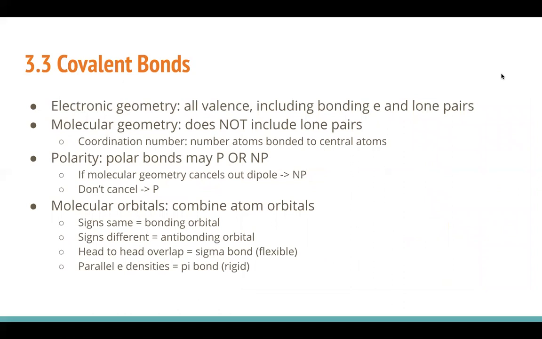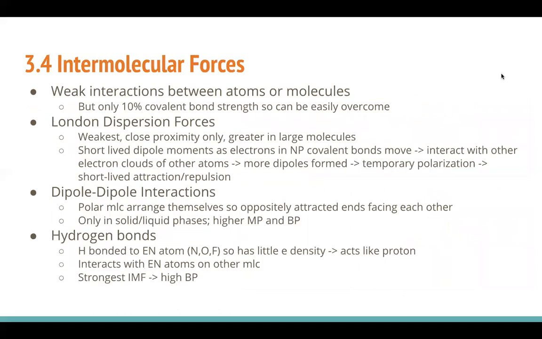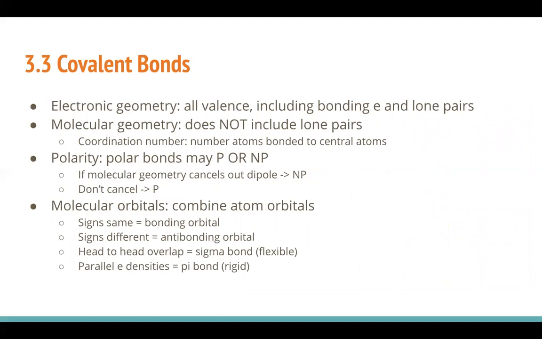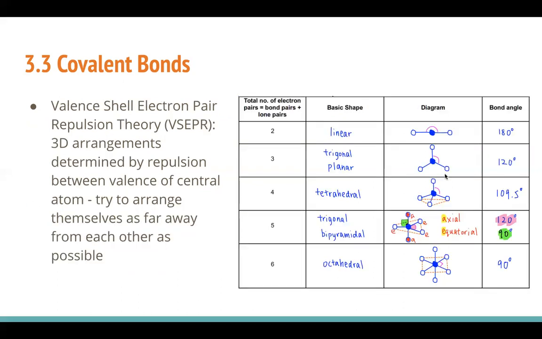So one important distinction is between electronic geometry, which was this, versus molecular geometry. Electronic geometry includes both bonding electrons and lone pairs, while molecular only includes real atoms that are bonded. For example, if you look at tetrahedral in electronic geometry, the bottom atoms attached to carbon are real atoms, and the top is just a lone pair, and that would be the electronic geometry.